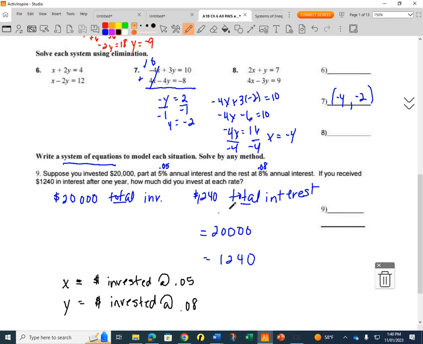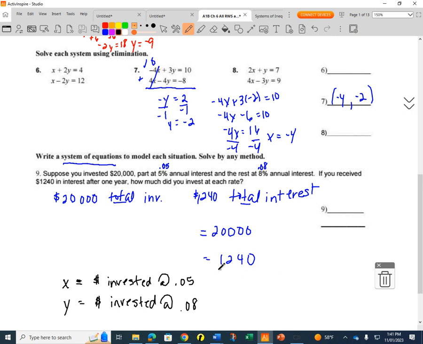Right? So you earn interest by multiplying an amount of money by an interest rate. So in this case, some amount of money times 0.05 plus some amount of money times 0.08 would earn interest.